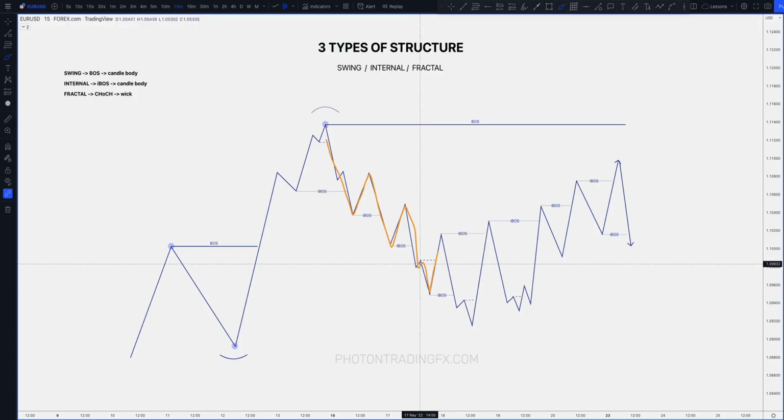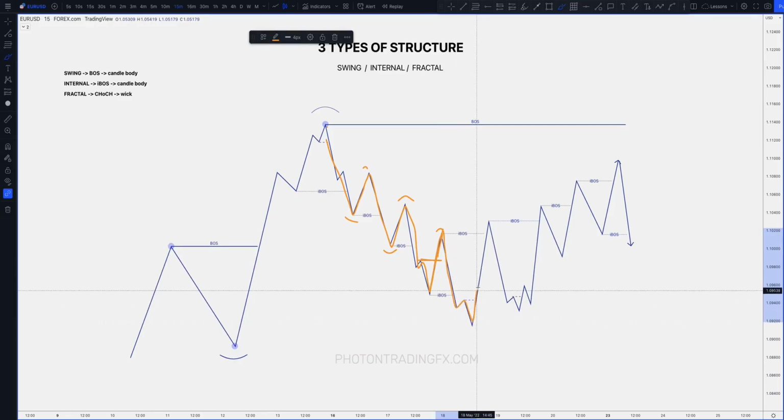But what we have to bear in mind is it's the most aggressive type of break of structure. So we have to be aware of what's going on with the internal structure at the same time. And until that internal structure switches bullish, we have to anticipate that price may have only had a bullish change of character. It may only have broken that fractal high just to facilitate that pullback up to here to then form that larger internal lower high to then continue to the downside.